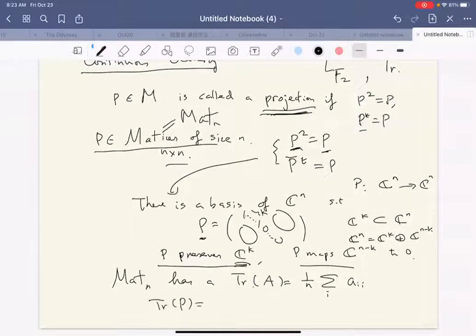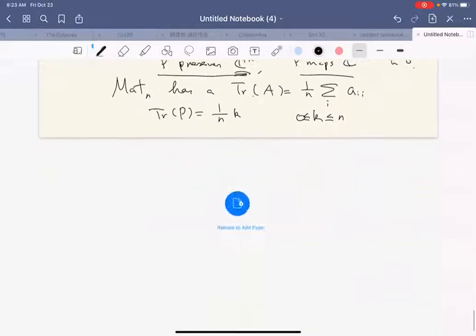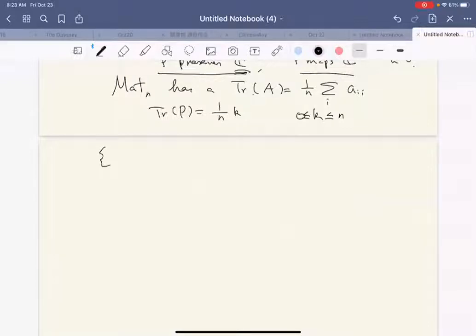It's 1 over n, but you sum over the diagonal, and there are only k ones, so it's k over n. Here k, of course, is between 0 and n. So if you look at the matrix algebra, let's write this set: the trace of P, where P is a projection.